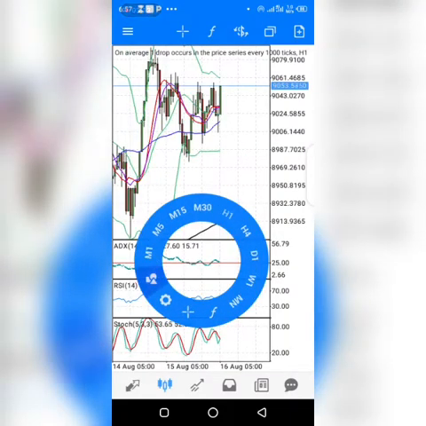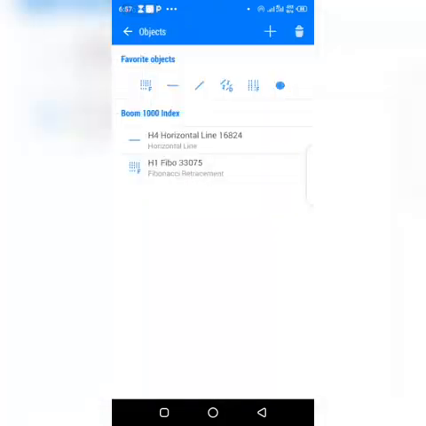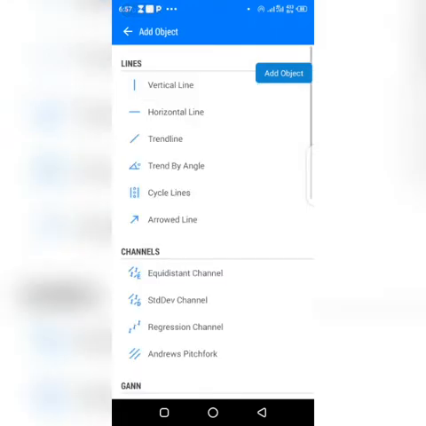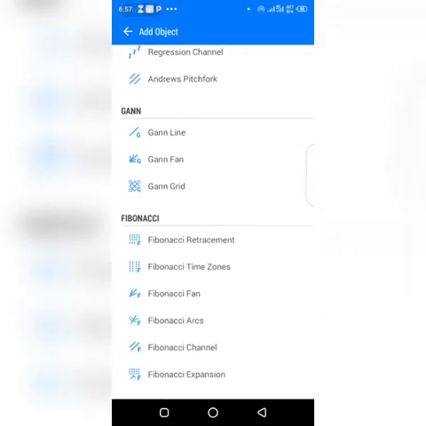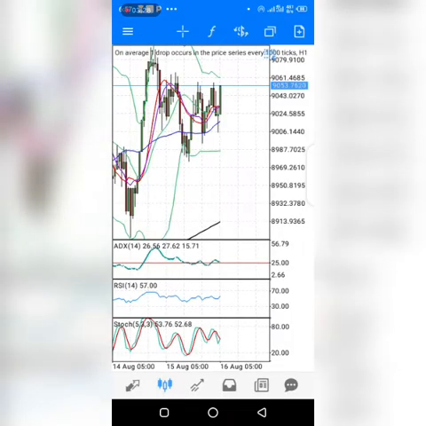You click this object over here. You click your add sign, this sign over here, your add symbol. Then you see it here, Fibonacci retracement. You click it.